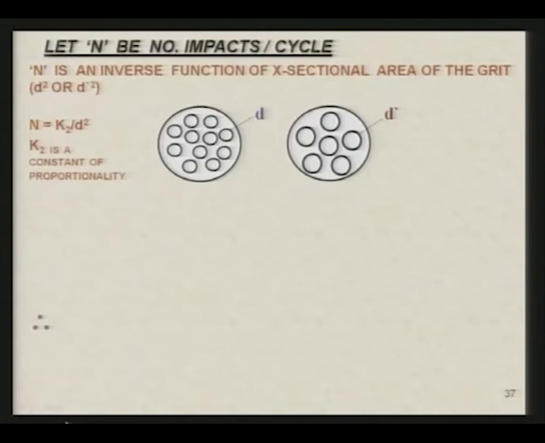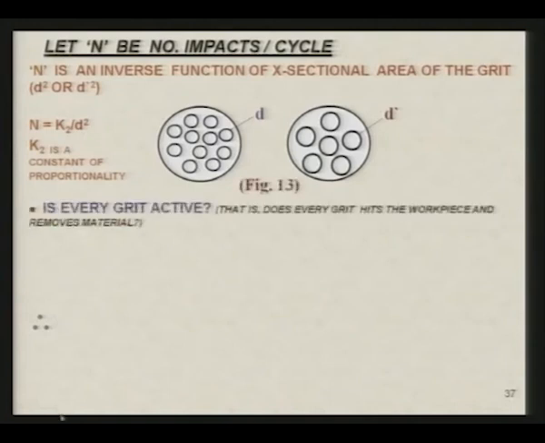As you can see, the larger the size of the particle, the larger the number of abrasive particles covering the same area. So, you can write n is equal to K2 upon d square, where K2 is a constant of proportionality.